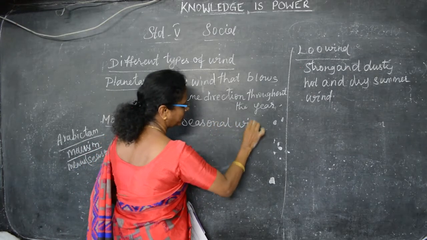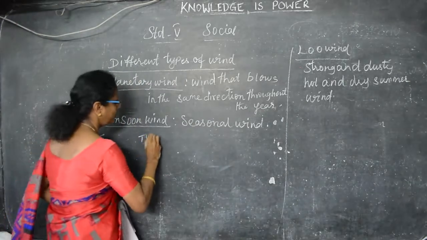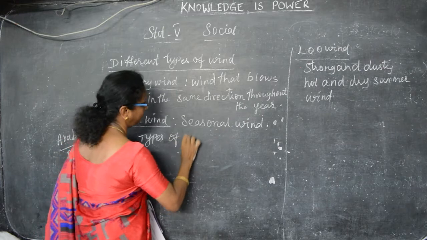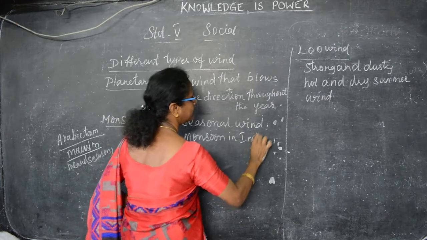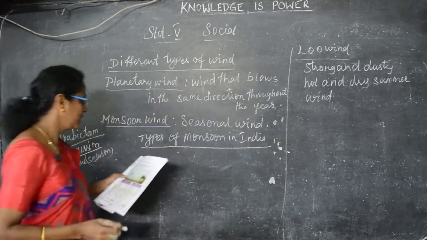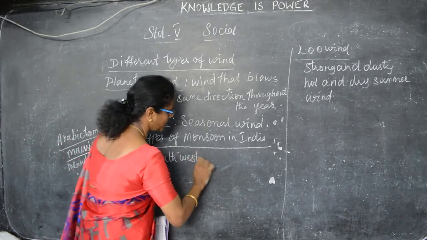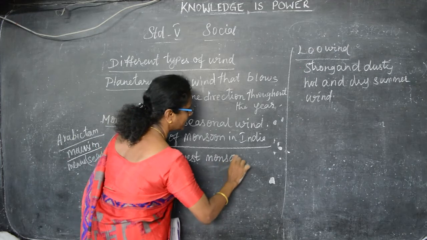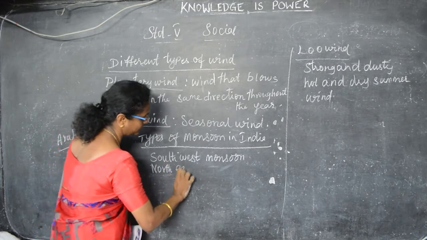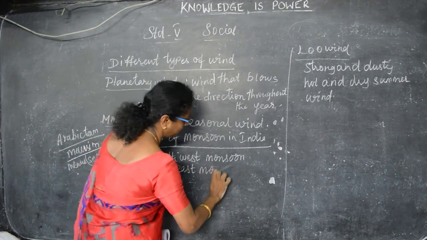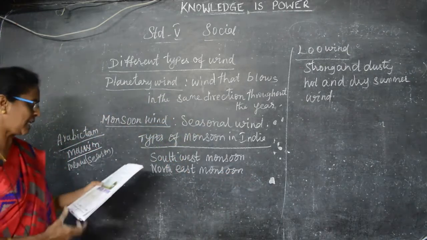So what are the types of the monsoons? Types of monsoon in India: the southwest monsoon and the northeast monsoon.